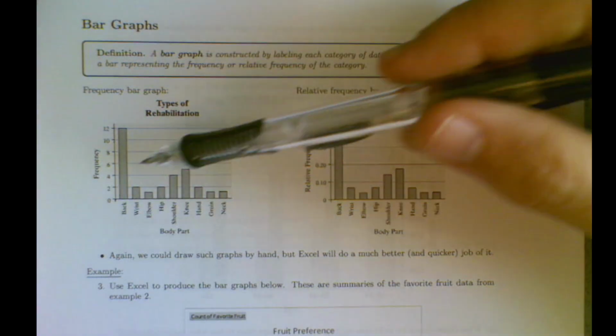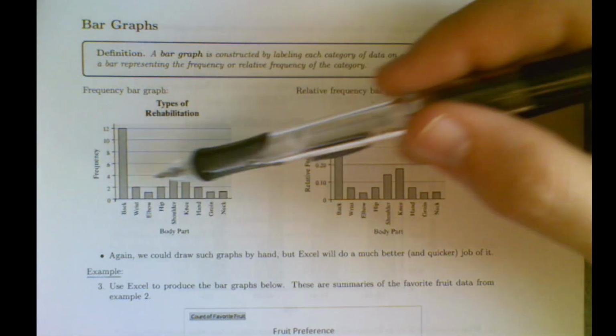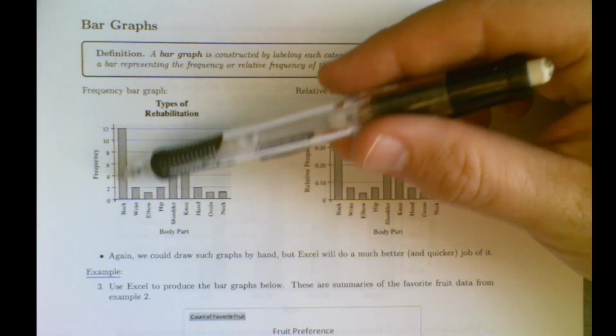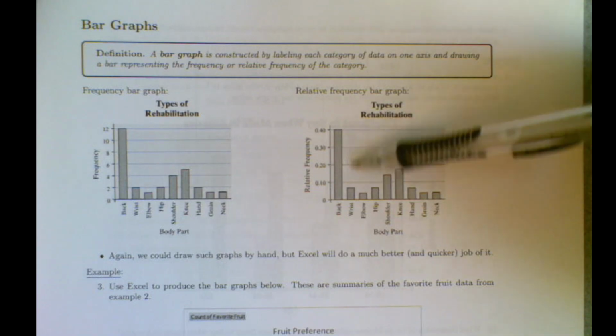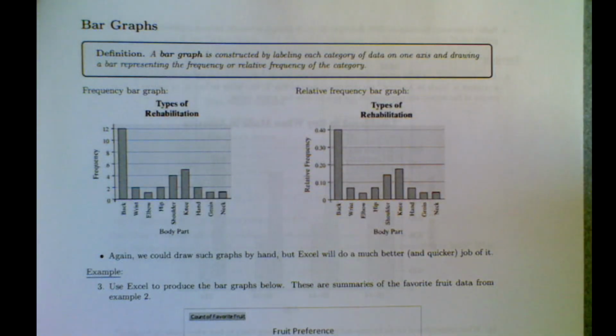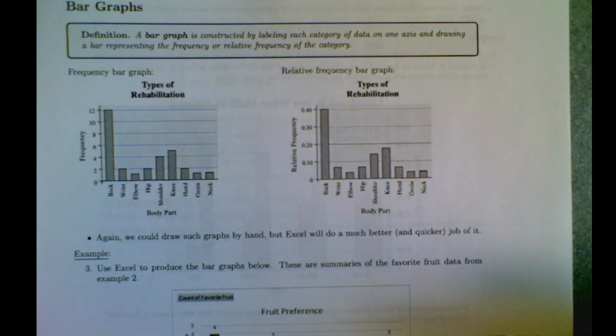So each bar represents, going back to the location of injury example, each bar would represent one of the locations, and those bars would be drawn going up to either the frequency or the relative frequency, depending on what kind of bar graph you want to draw. And again, we could do these by hand if we wanted to, but Excel is going to do a much neater job and a much quicker job, and so we'll just use Excel.